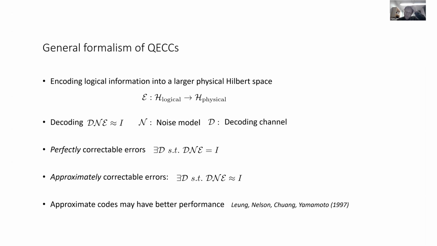But there are many different norms, and they are all kind of equivalent because they are all upper and lower bounded by each other. Operationally, though, the diamond norm has an operational meaning in terms of optimal distinguishability of channel input and output.